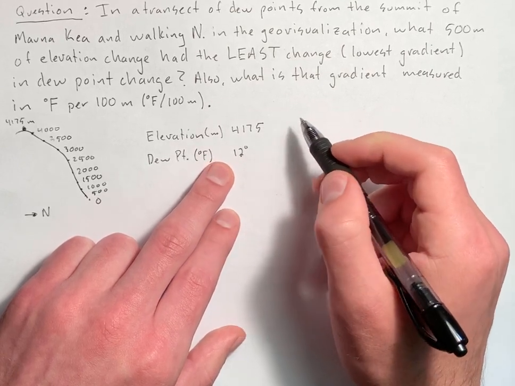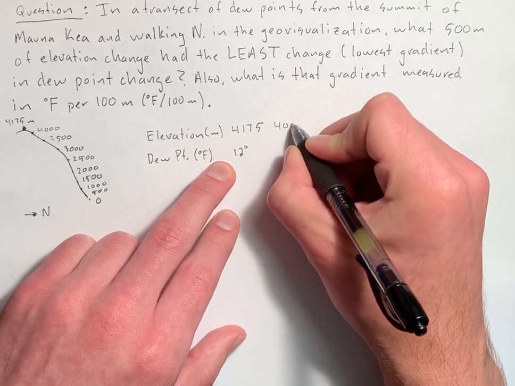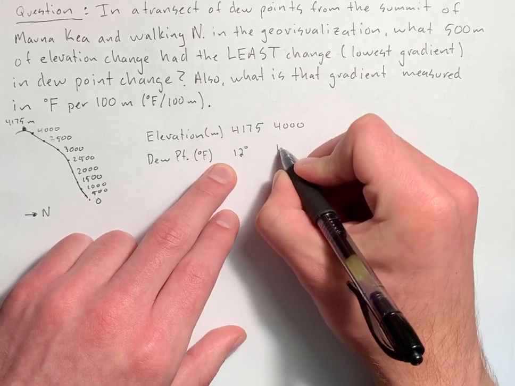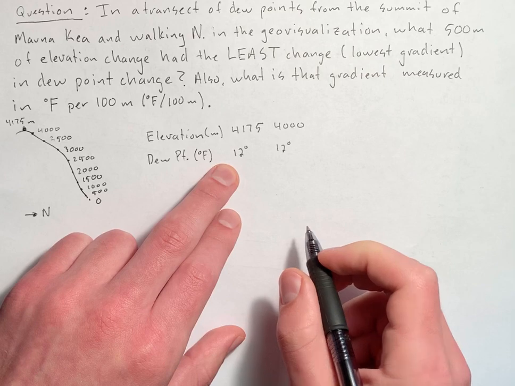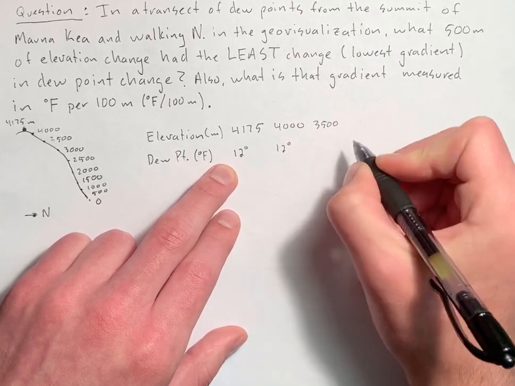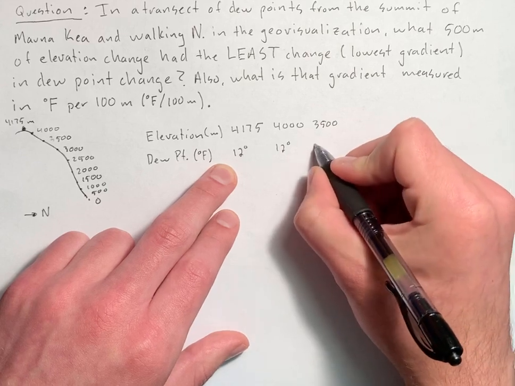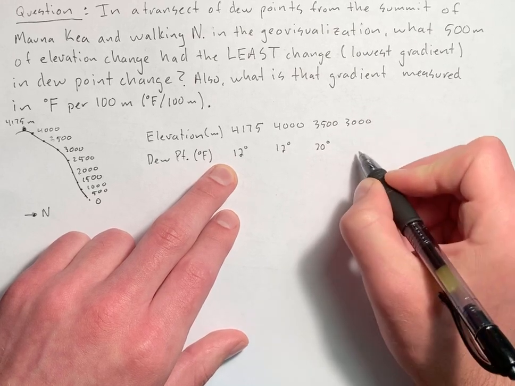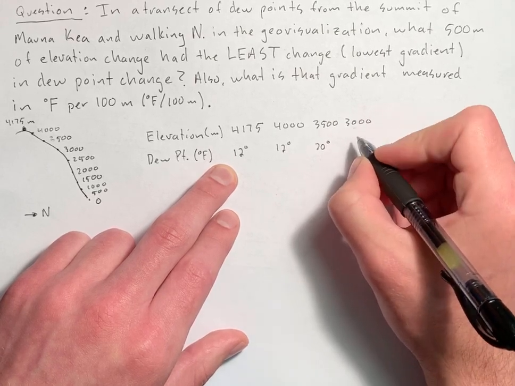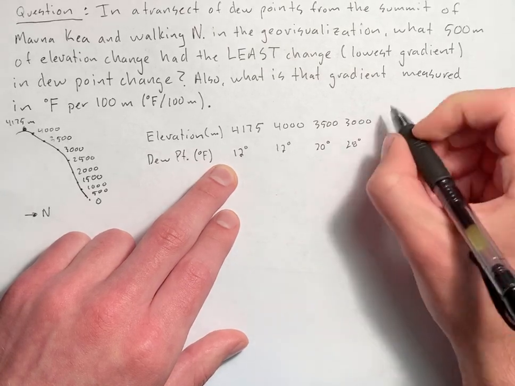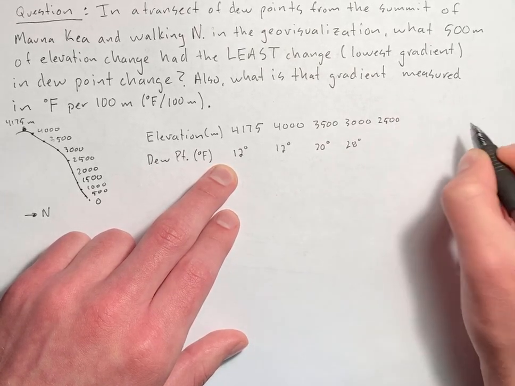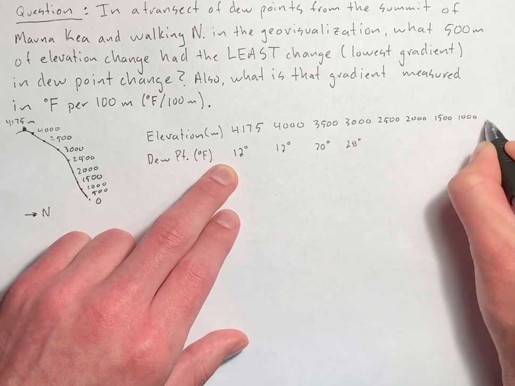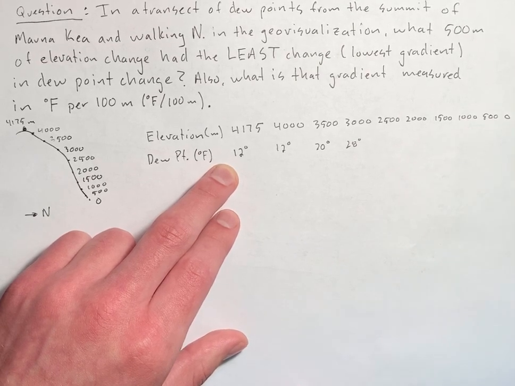Then you walk down slope a little bit, get to 4,000 meters, and your dew point is also 12 degrees. Then 3,500 meters, your dew point is 20 degrees. 3,000, your dew point is 28 degrees. 2,500, 2,000, 1,500, 1,000, 500, and 0.